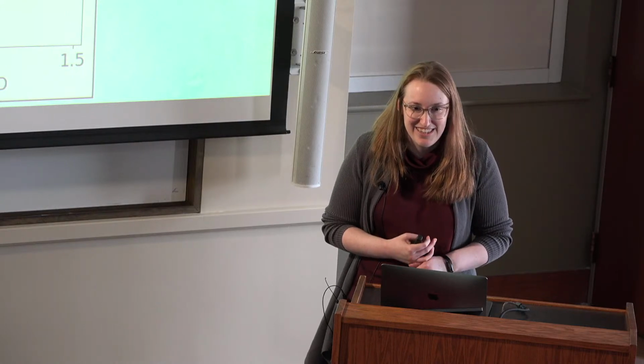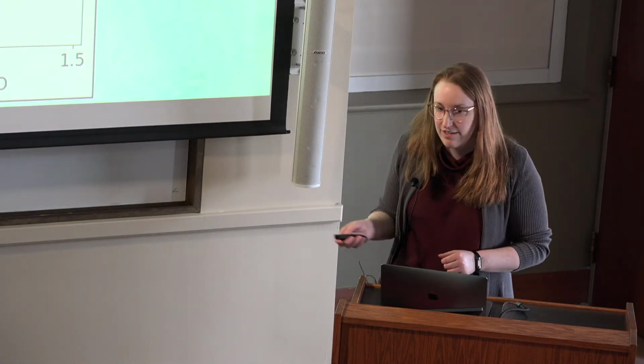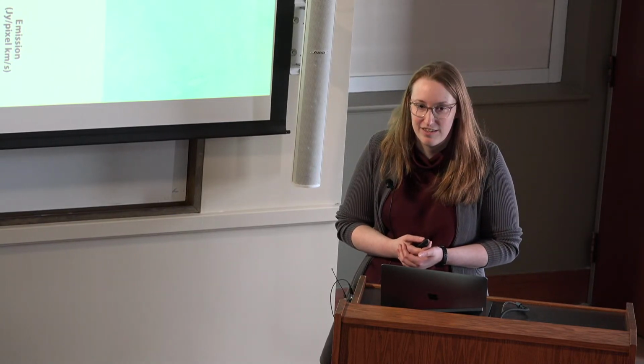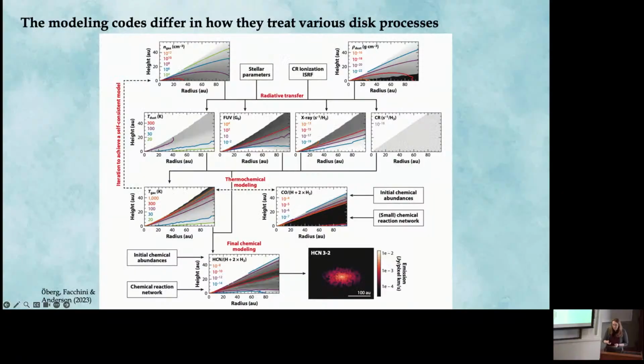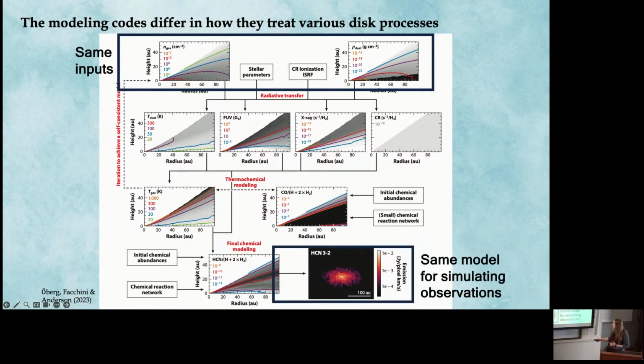Thank you so much for your talk. I'm not a modeler, so this might be a naive question, but going back to your methods, I think you mentioned that you use the same inputs and the same output. What does that mean exactly, and how does that help you tease out the differences between the models? So we did the same input. You start with the same gas and dust structure in the disk, and the same central star, and the cosmic ray rate is the key thing here. By this step, I mean that we let all of the codes do their own radiative transfer and then the thermochemical modeling, however they handle that.